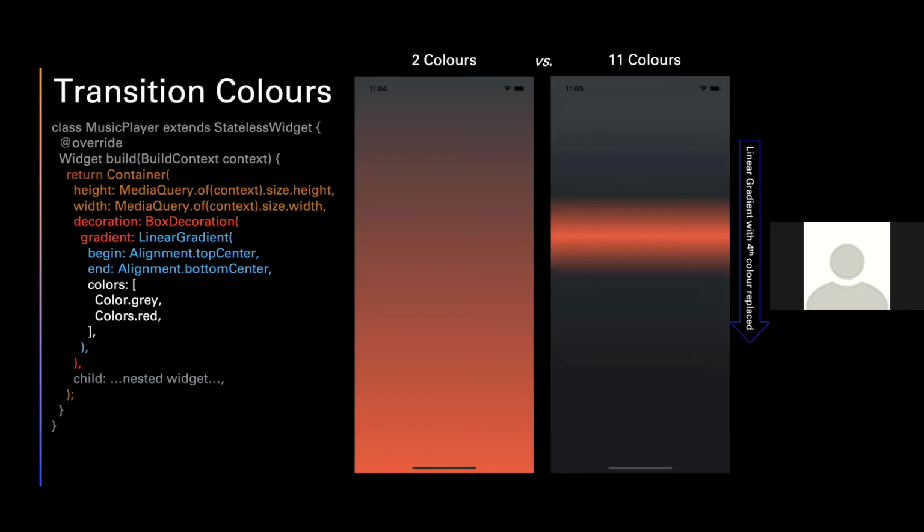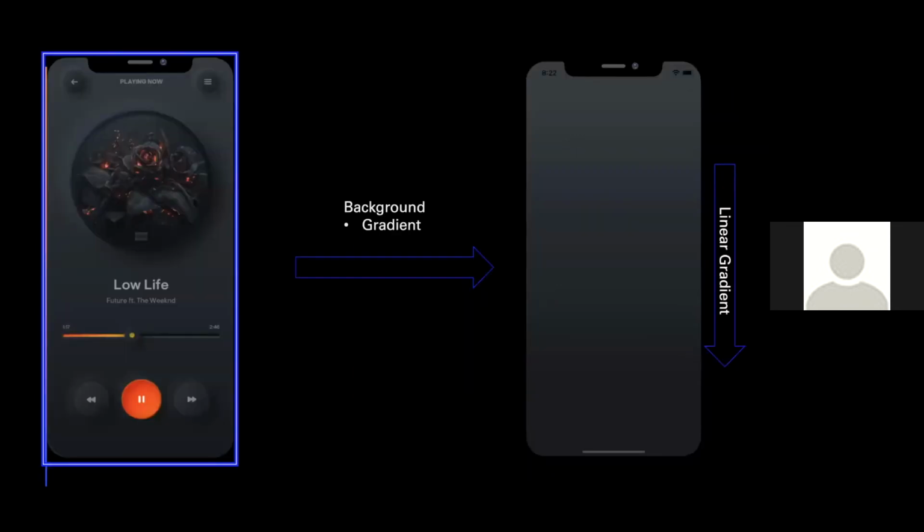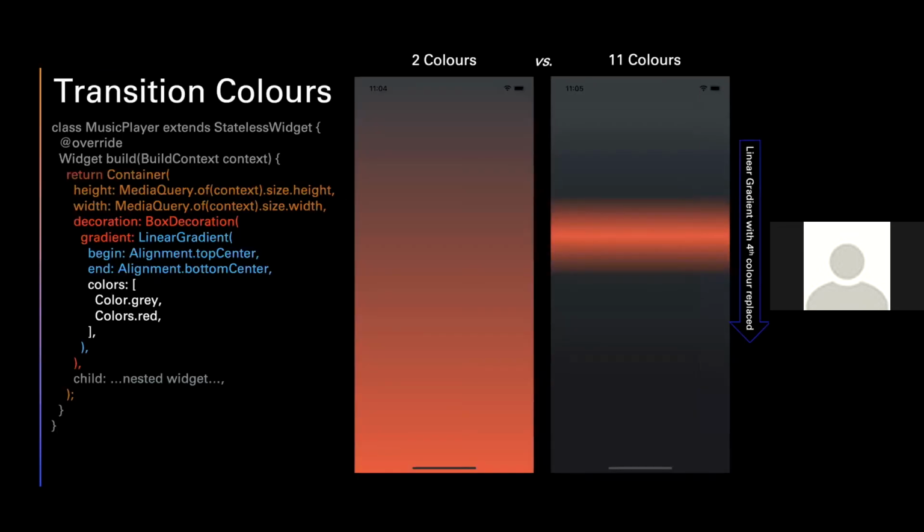Now, this is what a linear gradient looks like if I've changed the 2 colors. In here, on the right-hand side, I'm using the linear gradient which corresponds to the UI. But here, I just wanted to show you what the linear gradient looks like with 2 colors and 11 colors. On the left-hand side, there are 2 colors.